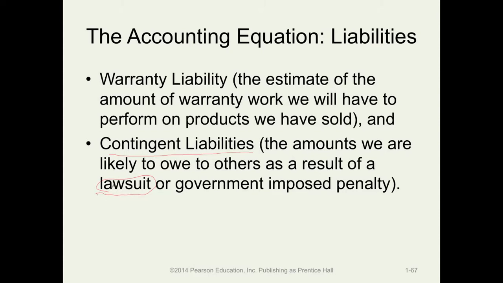And that will depend, as we'll see, on the probability or the likelihood that you will lose that lawsuit. So contingent liabilities are not always recorded. In fact, you could probably think of the warranty liability as a type of contingency. You'll only have to pay to fix the product if the product proves to be defective.